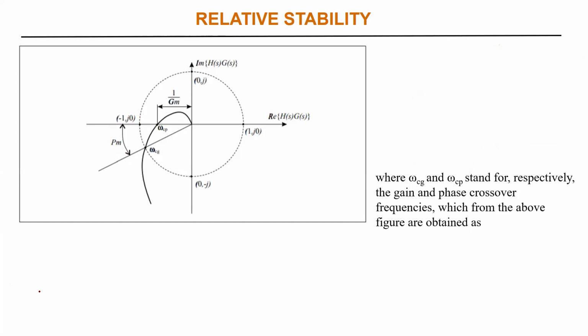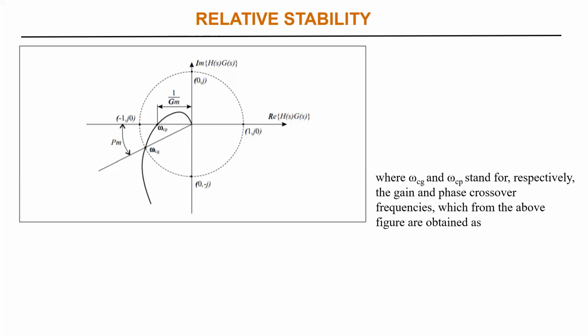Basically, to get the phase margin and gain margin, first of all, I define two frequencies. I call the first omega CG, which is the gain crossover frequency, the frequency at which the magnitude equals 1.